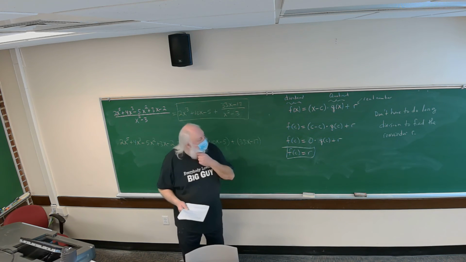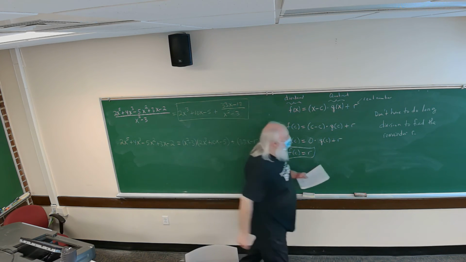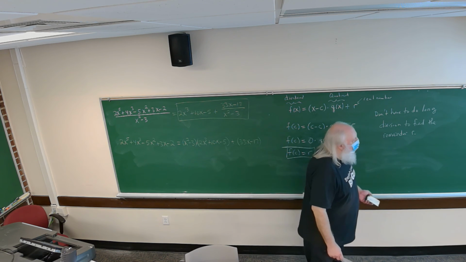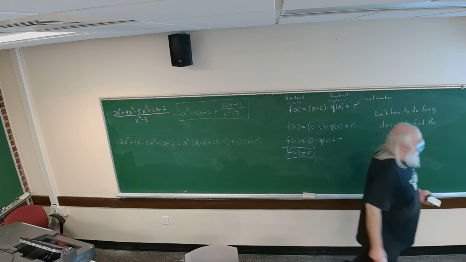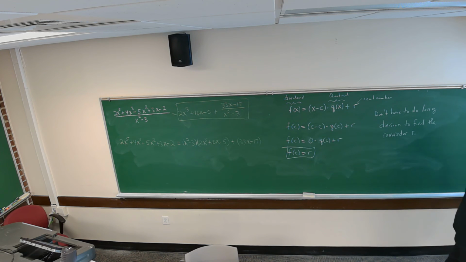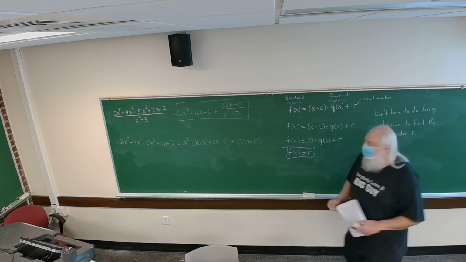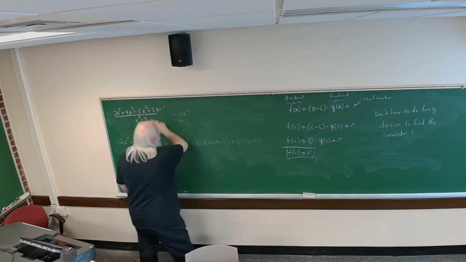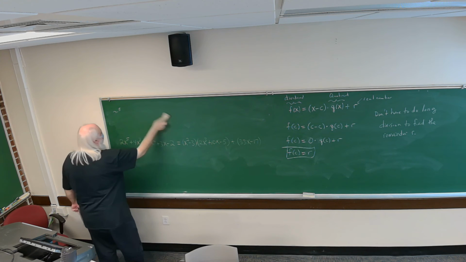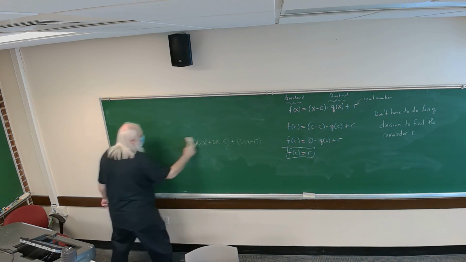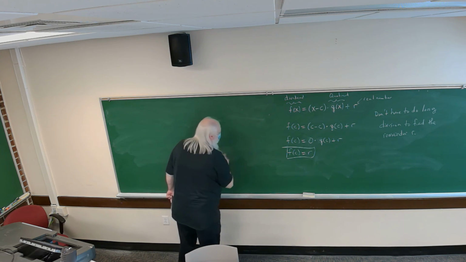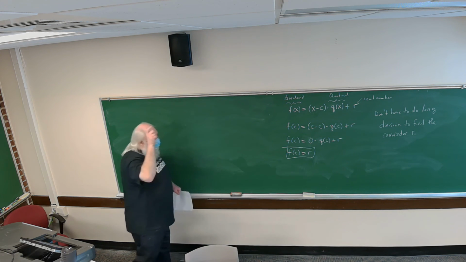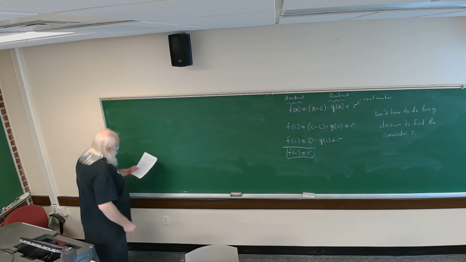All right. So, in example 3, it says use the remainder theorem to find the remainder when f of x is divided by x minus 3. Well, we don't have to do the long division to find that remainder. We can just use the remainder theorem. You could use long division if you wanted to, but you don't have to.